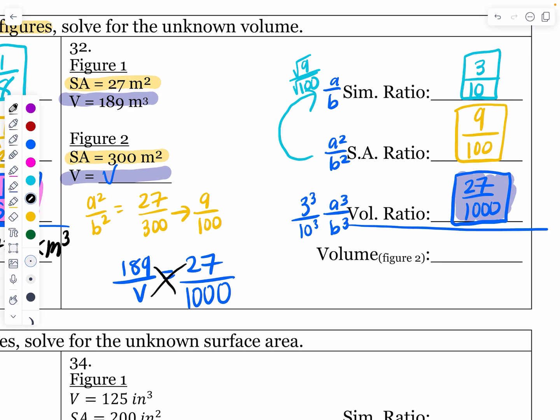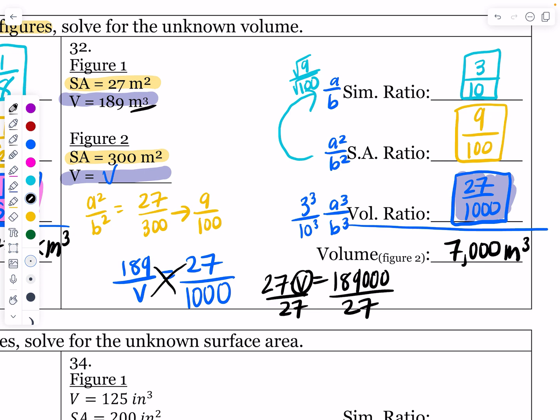So when I cross multiply, that is going to be 27 times V equals 189,000. So 189,000 divided by 27 on both sides. That is going to give me 7,000. What are my units? My units are in meters cubed. Meters cubed of the larger shape.